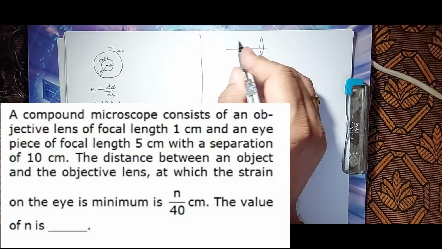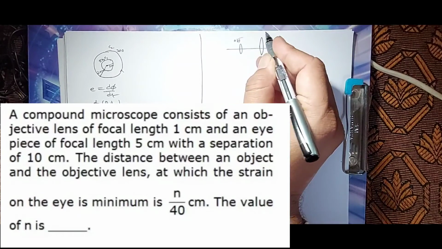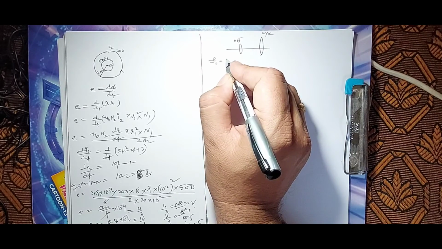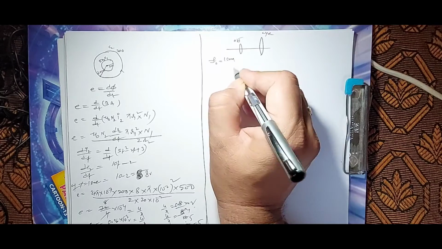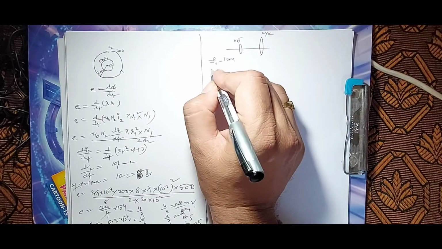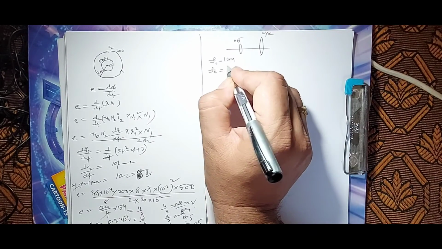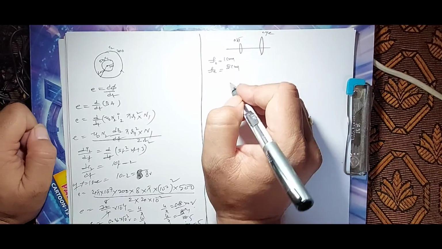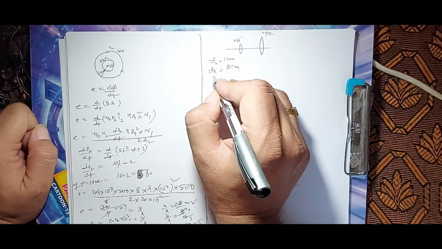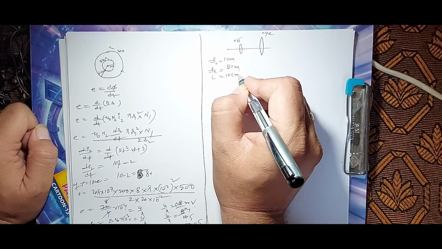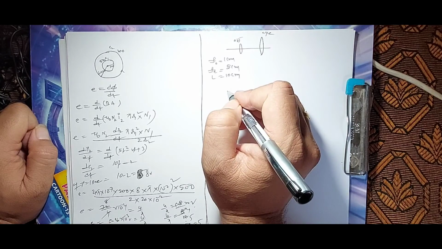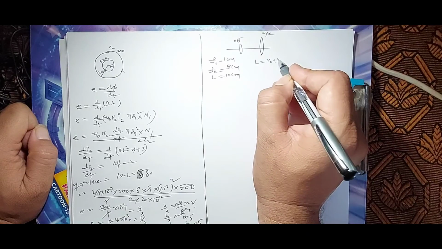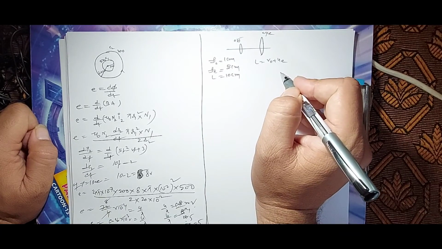The focal length of the objective, F₀, is 1 centimeter, and the focal length of the eyepiece, Fₑ, is 5 centimeters, and the separation between them is L = 10 centimeters. We know that L is equal to V₀ plus Uₑ.